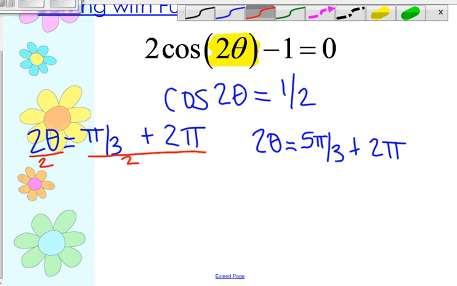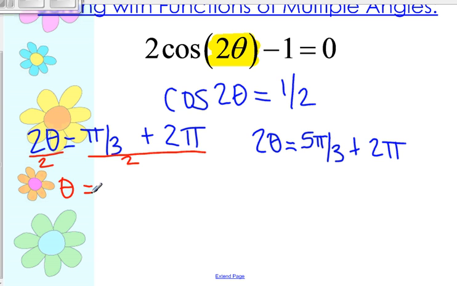Then we're going to get theta equals pi over 6 plus pi. And we're going to keep doing this process until we see all of the values between 0 and 2 pi. So pi over 6 would be our first one. Then we take pi over 6 and add pi.